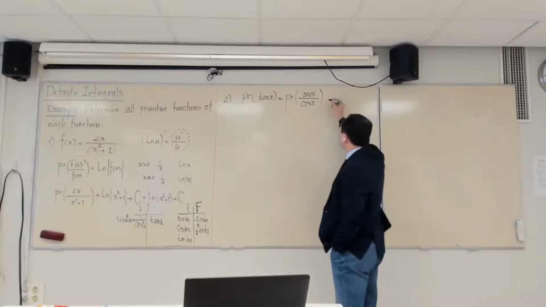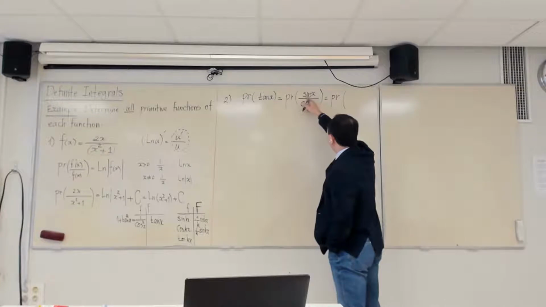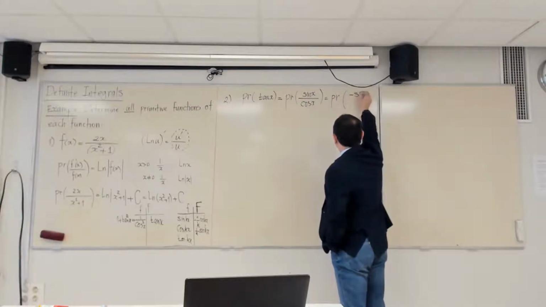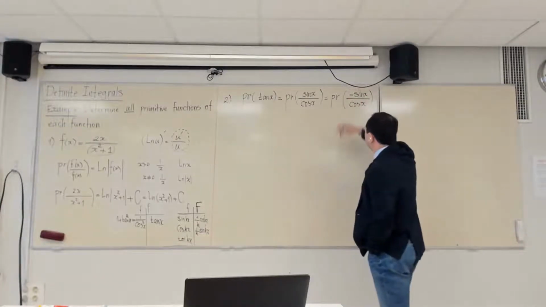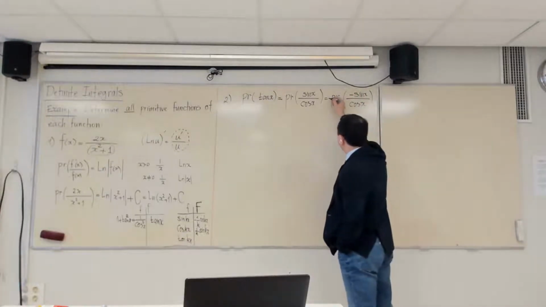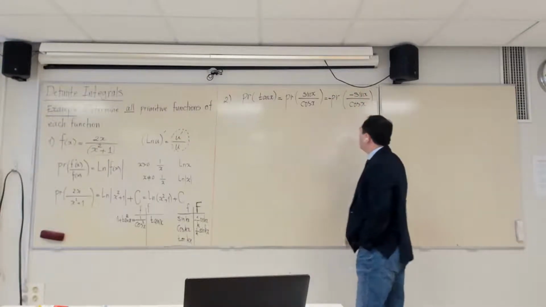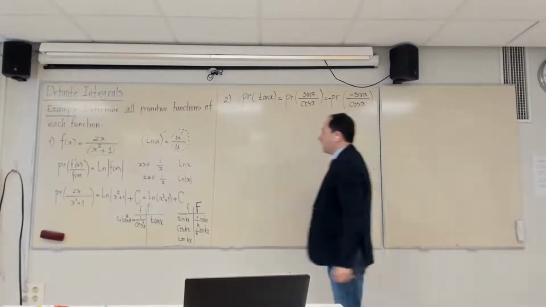Why? Because I can write it like this. I can write primitive, and I apply a negative sign there. Of course, I cannot just bring a negative sign out of my pocket and put it there unless I make it up, yes? So I put a negative sign here. Then you know that this negative sign will cancel that negative sign. Why?